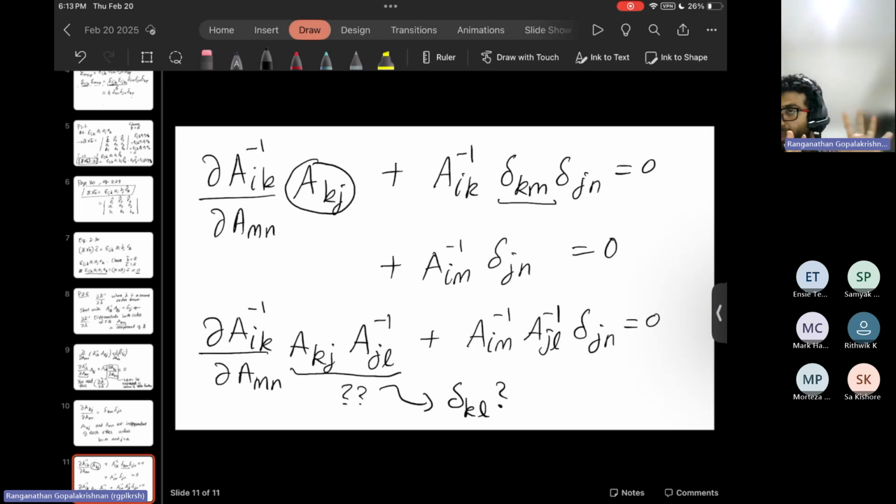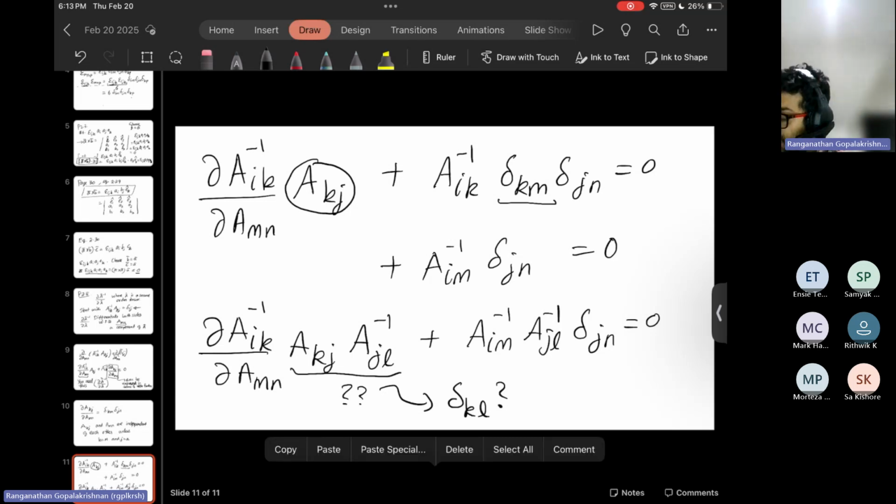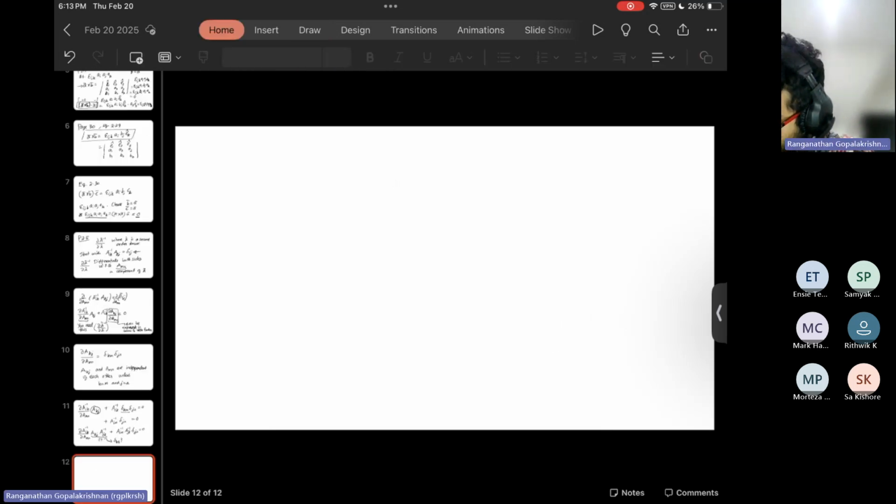I use that identity as the starting point. And now here I'm again using that hint to replace this quantity with delta KL, because delta KL will allow me to make this simpler.